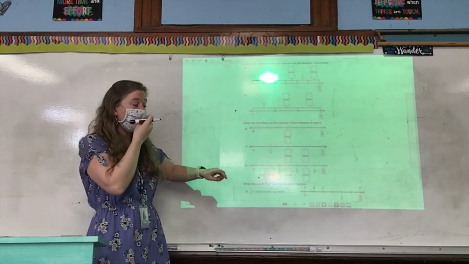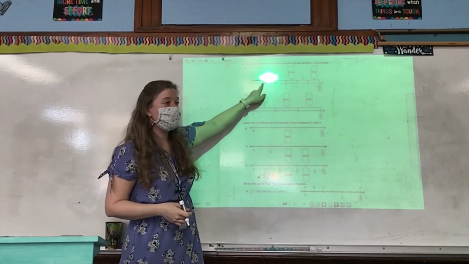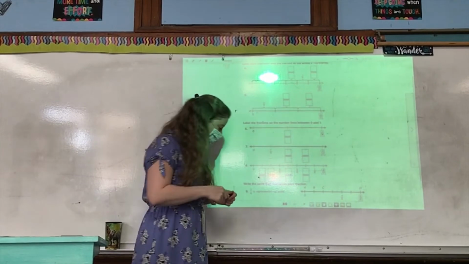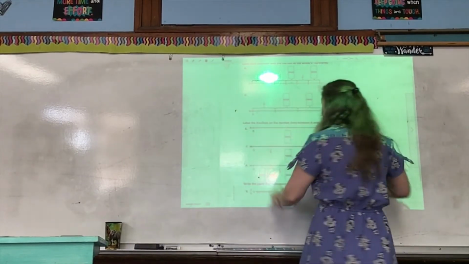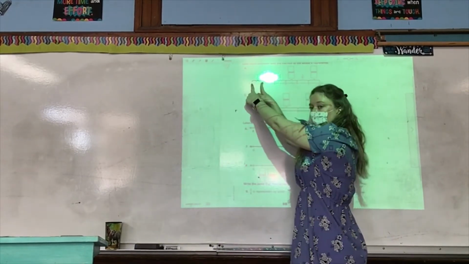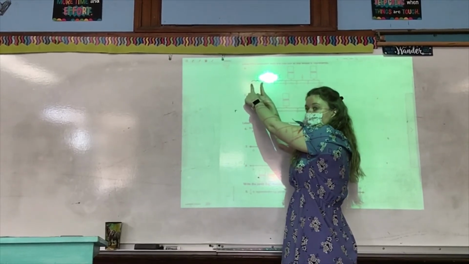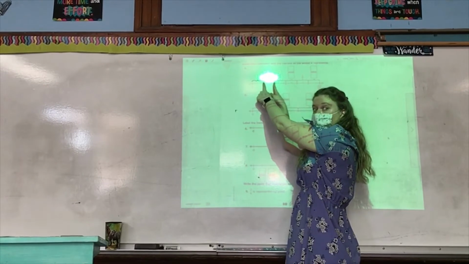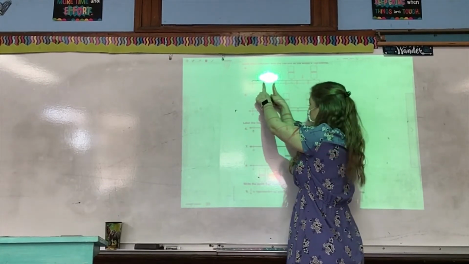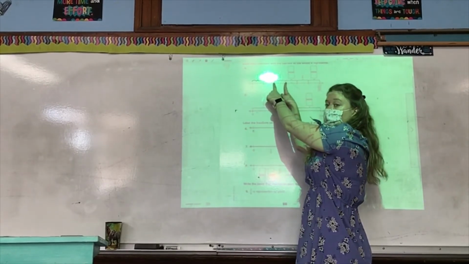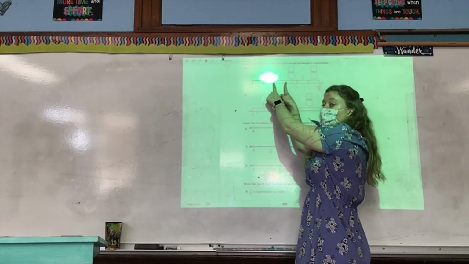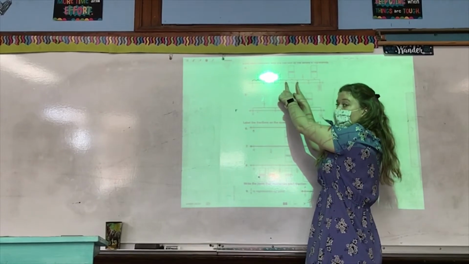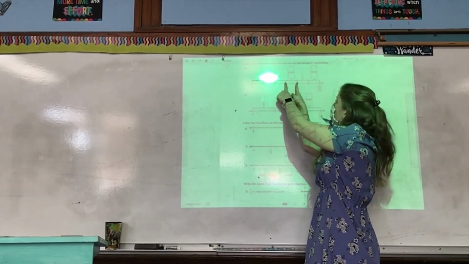That means it's only asking us what each piece between the tick marks means. So use your fingers. 0 to the first tick mark represents 1/6. The first tick mark to the second tick mark represents 1/6. The third tick mark to the fourth tick mark represents 1/6. The fourth tick mark to the fifth tick mark represents what?